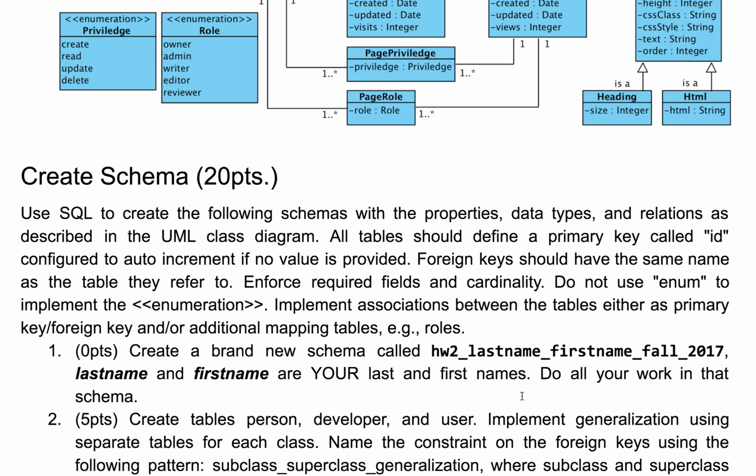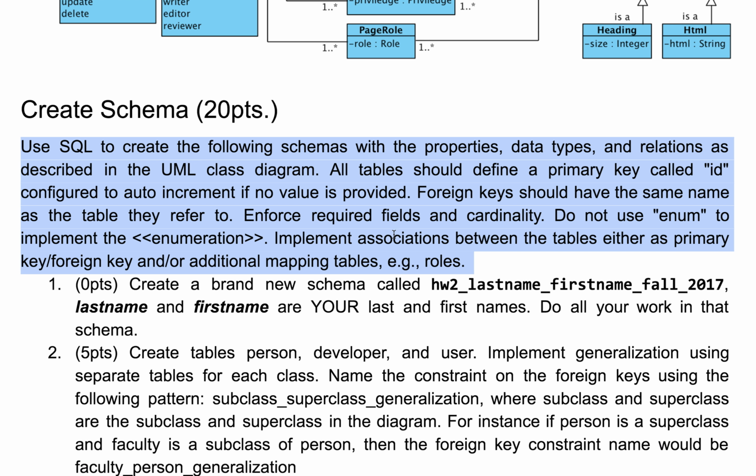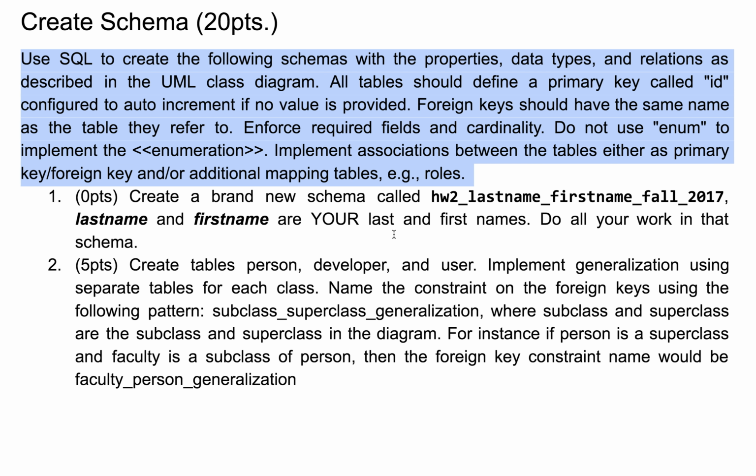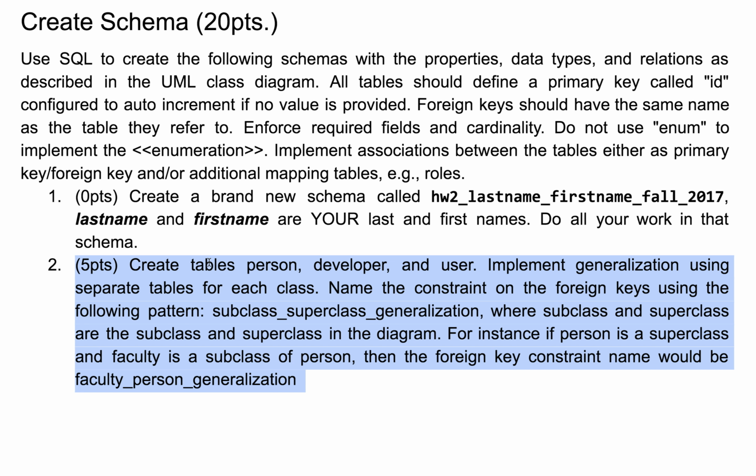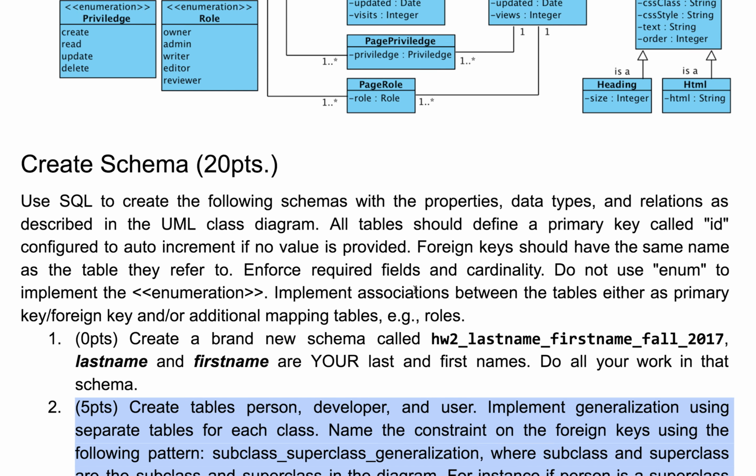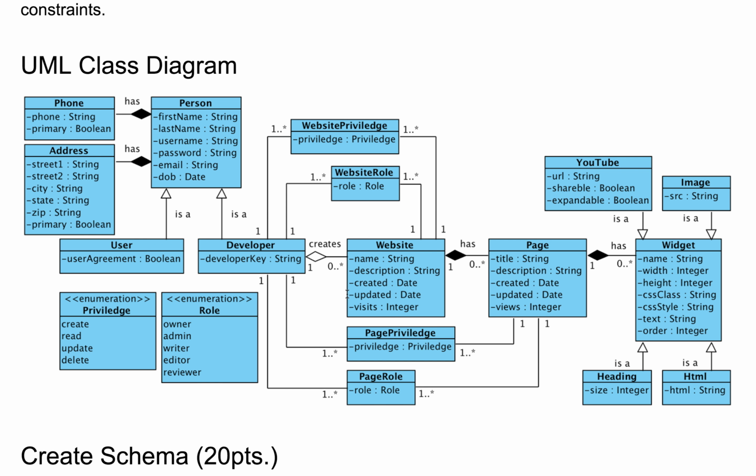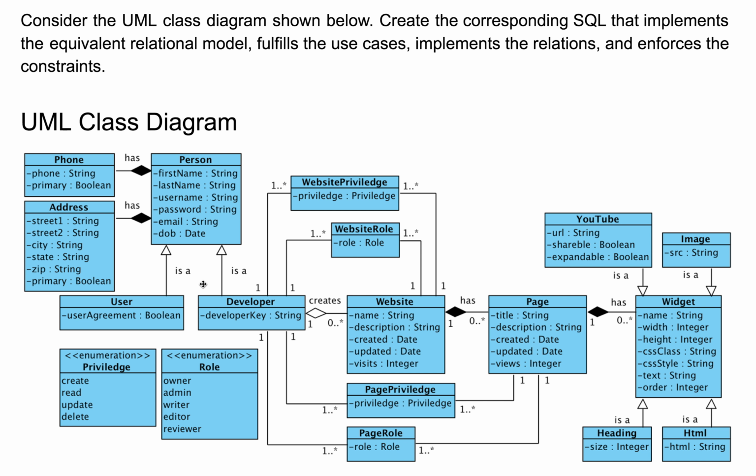In this particular case, we're going to implement it in an SQL schema, meaning using tables and fields and foreign keys and primary keys and whatnot, and implement it in various tables that implement persons, developers, and users. So the first part here for 5 points, give me the create statements, right, in SQL that creates these three tables over here: persons, users, and developers.